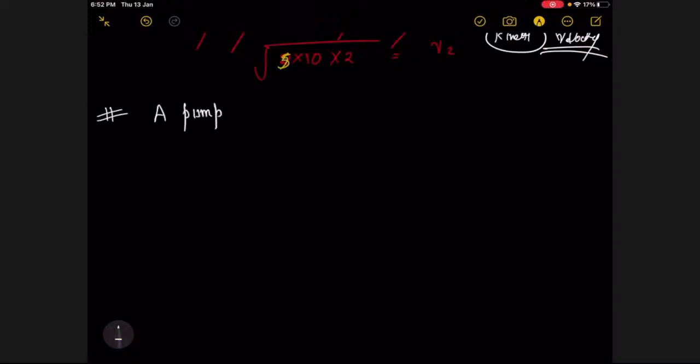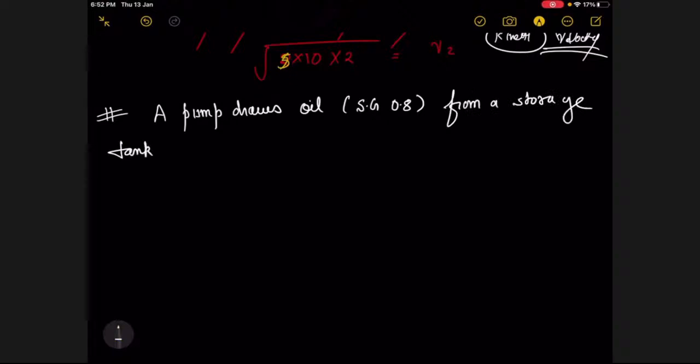A pump draws oil of specific gravity 0.8 from a storage tank and discharges it to an overhead tank.